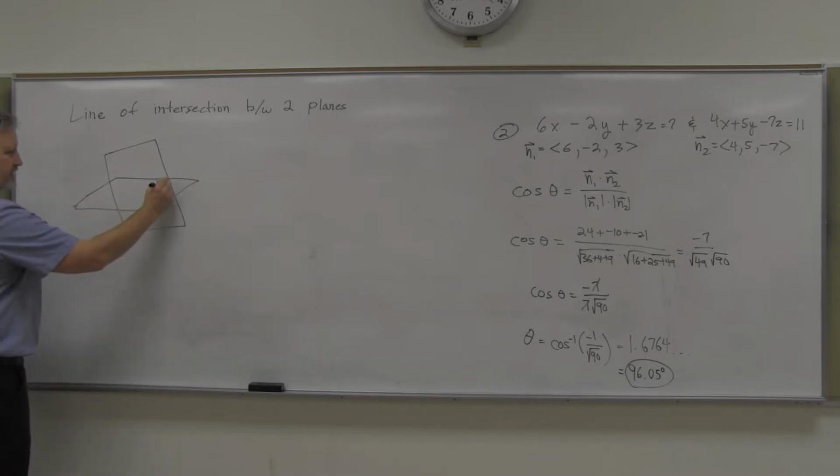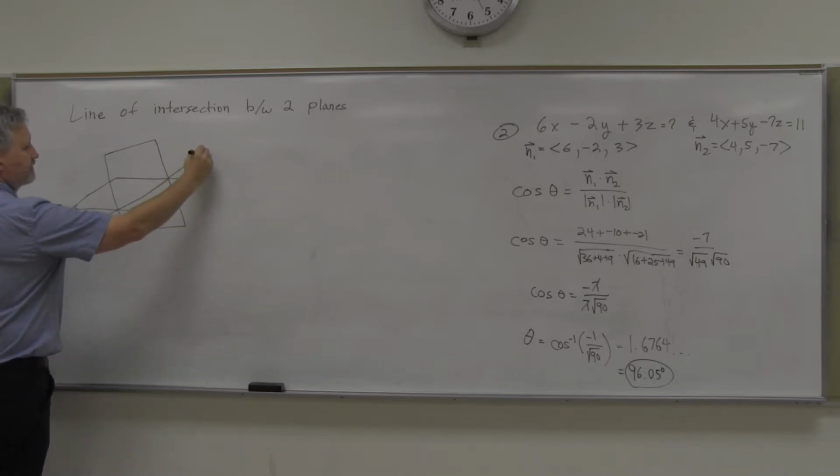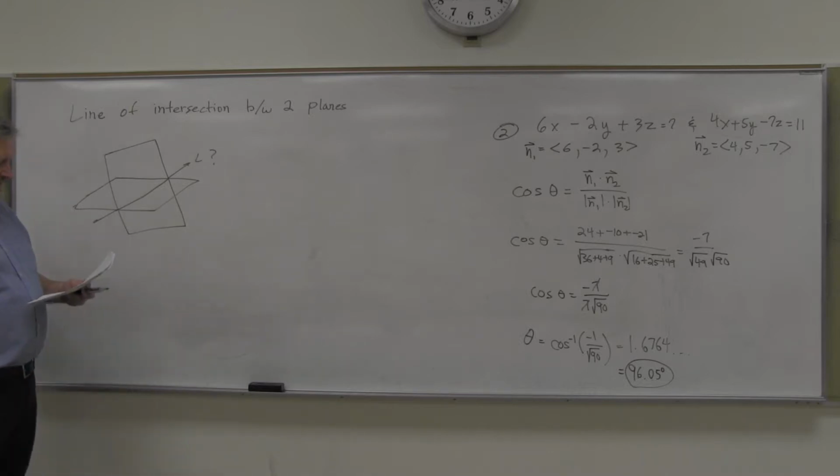So we've got this line here between the two. So I got this plane here, and then I got a plane coming in, angled on up there. Let's figure out that line L.